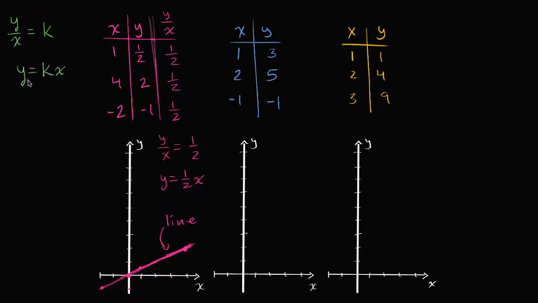So for any proportional relationship, if you're including when x equals 0, then y would need to be equal to 0 as well. And so if you were to plot its graph, it would be a line that goes through the origin. And so this is a proportional relationship, and its graph is represented by a line that goes through the origin.